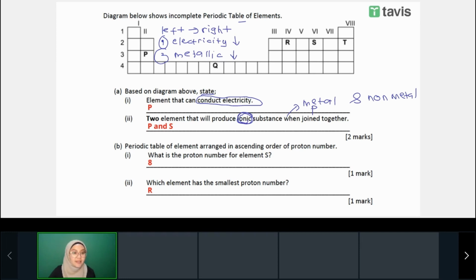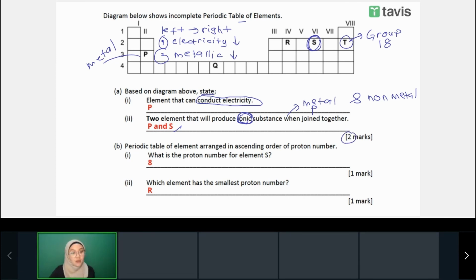So P is metal. Q is a transition metal as well. So let's find other than metal. T belongs to group 18, so it won't react because it is inert. So the correct one is P and S, metal and non-metal. Okay, 2 marks.